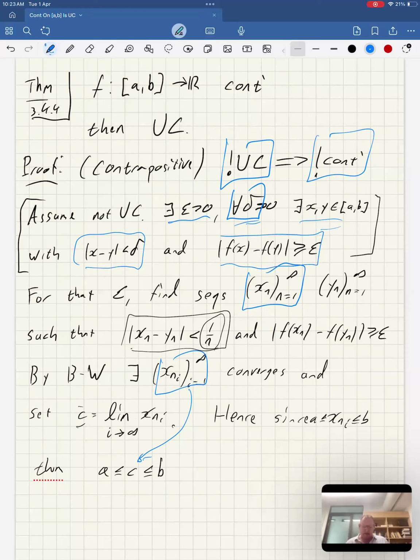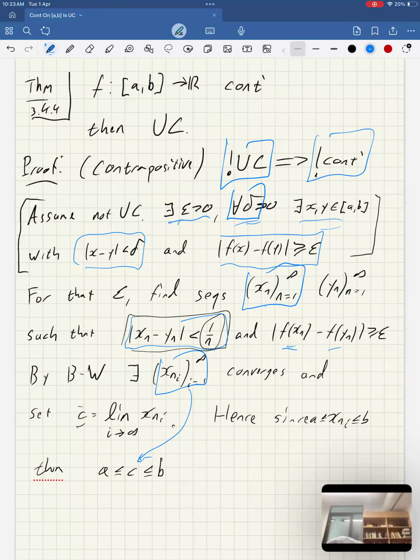So then for that specific epsilon, we find sequences x_n and y_n with elements that are getting close to each other, within 1 on n. But still, the differences f(x_n) minus f(y_n) are greater or equal than epsilon.